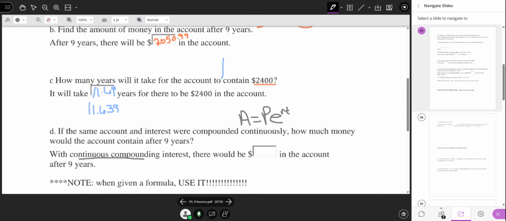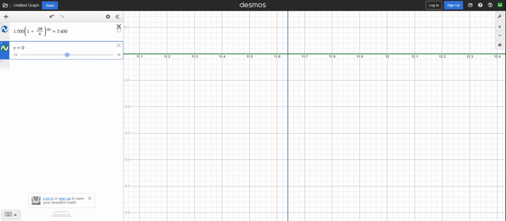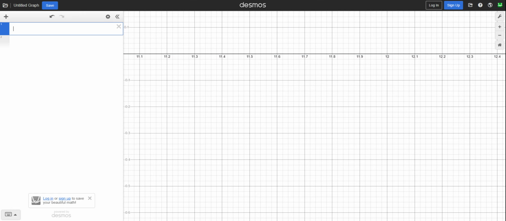But continuous compounding. So that's 1200, 0.06, and 9 years. E is just E. E is a specific number, by the way. E to the first power. E is, and I forgot what type, I think it's a transcendental number.